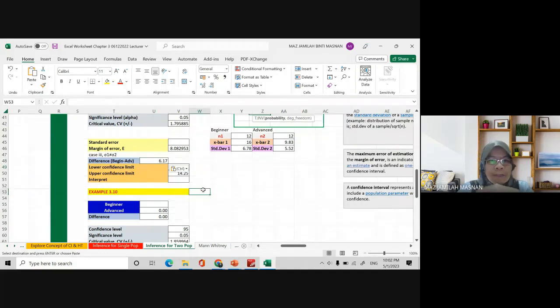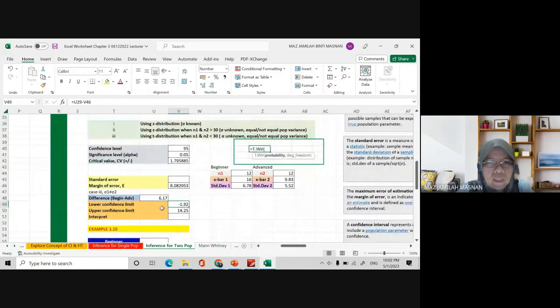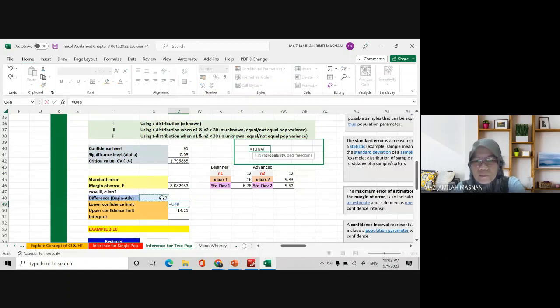Now I want to calculate the lower limit using the difference between the beginner and advanced. So I have the difference, and let's say I redo it here. It will be equal to the difference minus the margin of error. You will get negative.